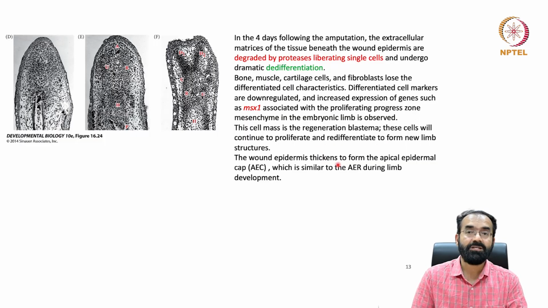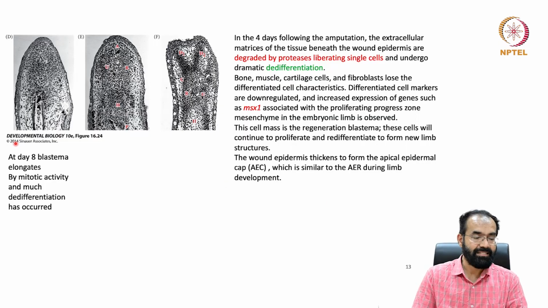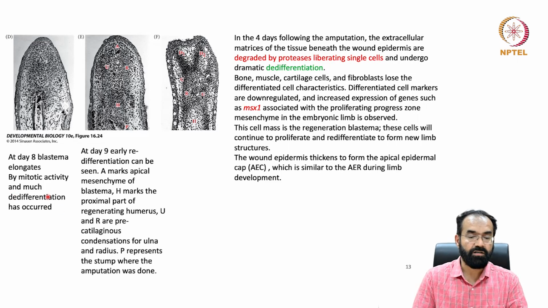The wound epidermis thickens during this process to form the apical epidermal cap, which is similar to the AER during limb development. At 8 days, the blastema elongates by mitotic activity, and much dedifferentiation has occurred. And at day 9, early redifferentiation can be seen.